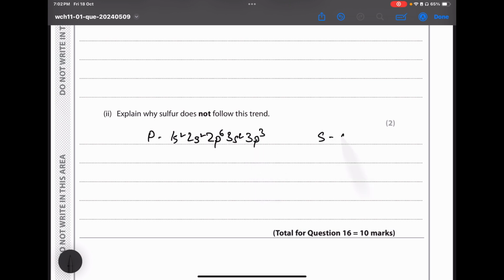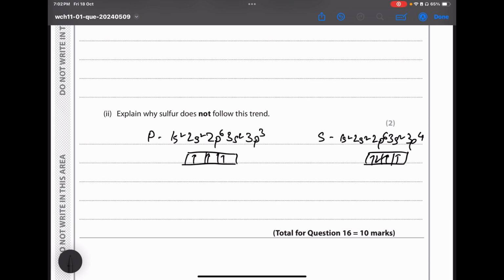The same thing is over here, except for 3p4. If we draw the 3p subshell, we see one electron, one electron, and one electron, 3 ones over here. But for sulfur, we will see that it actually pairs an electron in the 3p orbital.